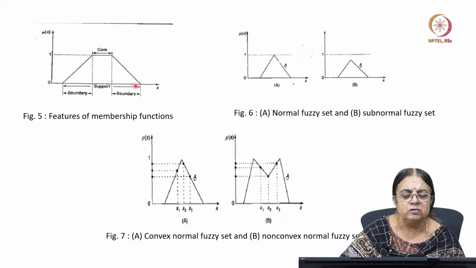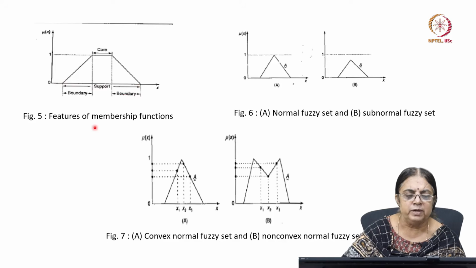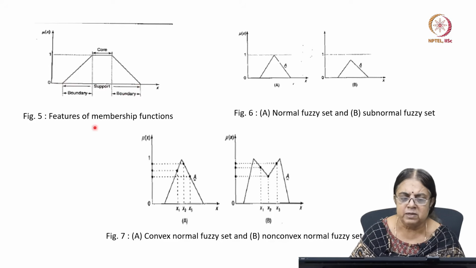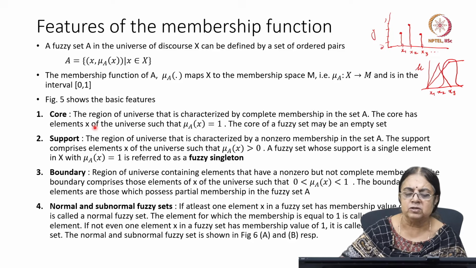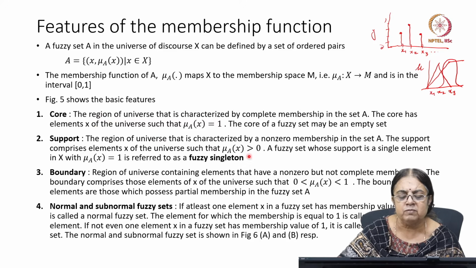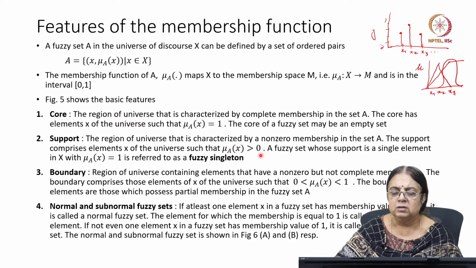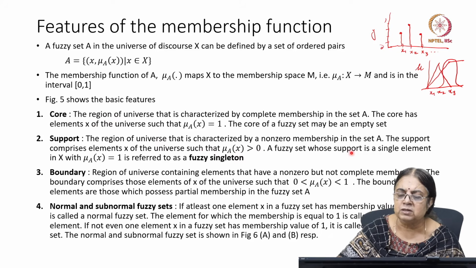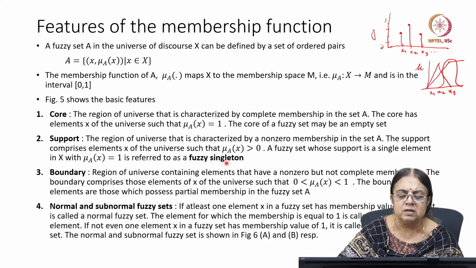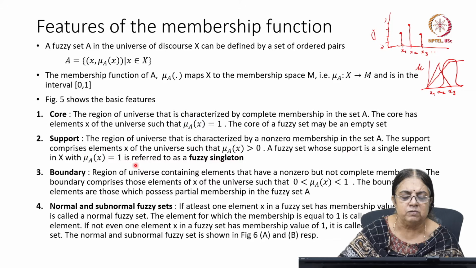These are the elements which have a membership value greater than 0. If the support is a single element, it is called a fuzzy singleton. That means you have only one element with mu A equal to 1.